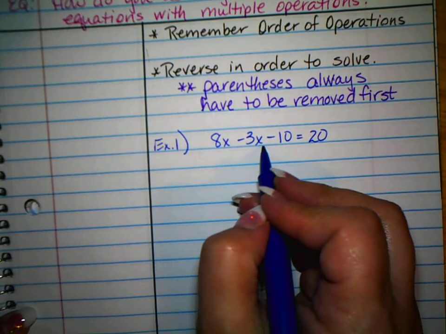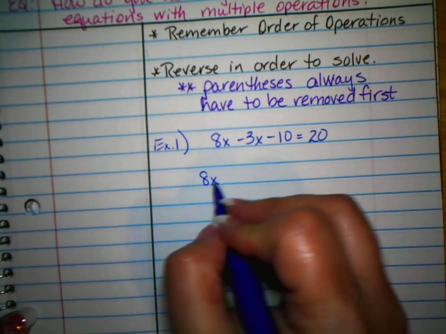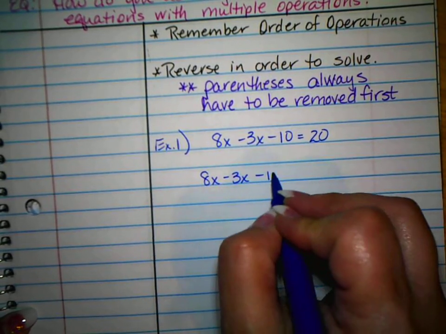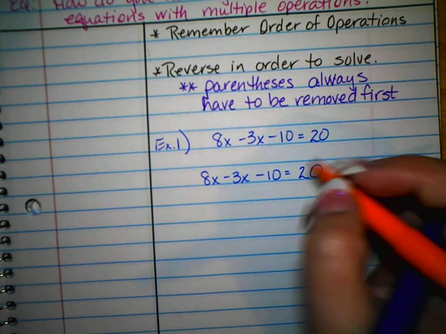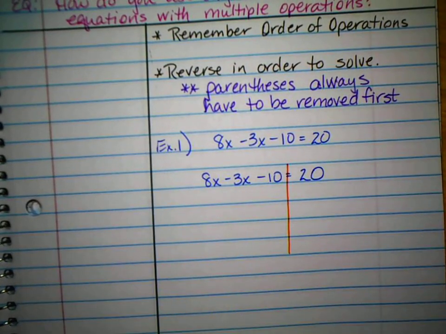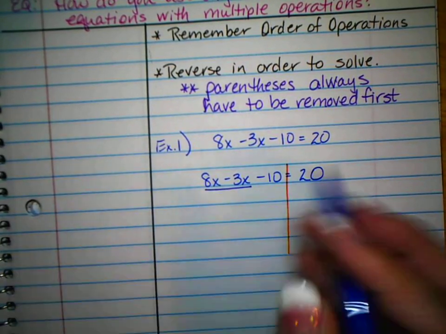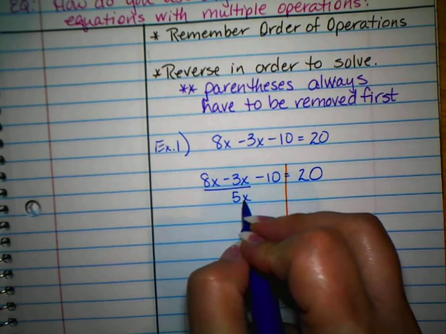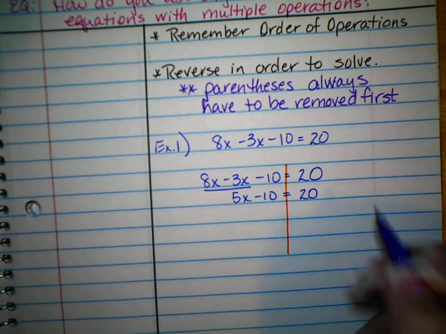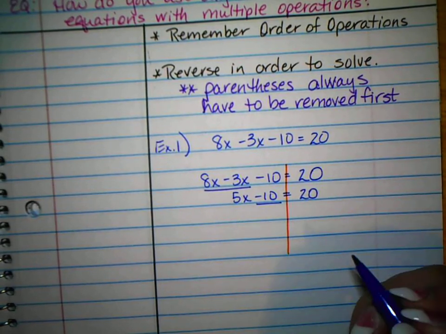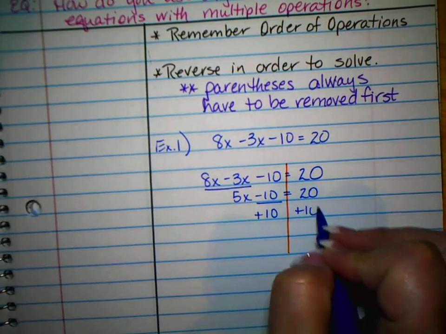If we look at this one, we've got like terms that need to be combined. But remember, you always start by copying down the original problem. Build your wall. Then I'm going to do my 8x minus 3x. That's 5x. Then the next thing is I'm going to undo my subtraction of 10 by adding 10 again on both sides.